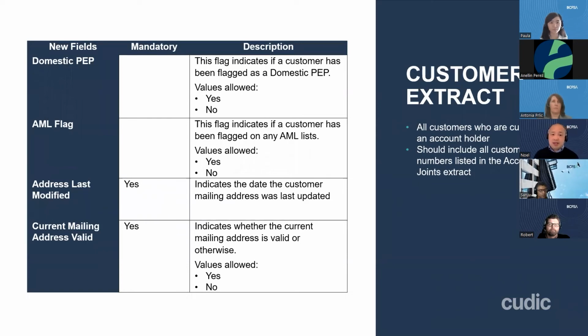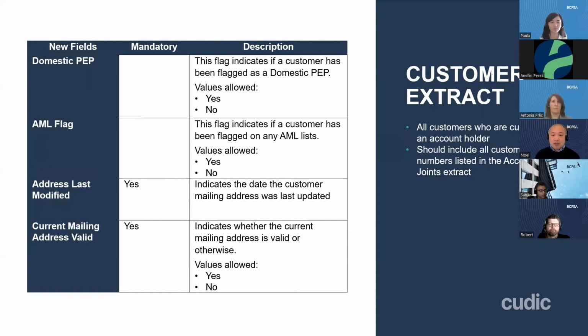Customer extract. The customer extract will help to identify the depositors of the credit union. Information includes data such as customer identifiers and contact details. As noted on a previous slide, personal identifiable information fields will be masked for test data extracts and unmasked for the staged data extracts.